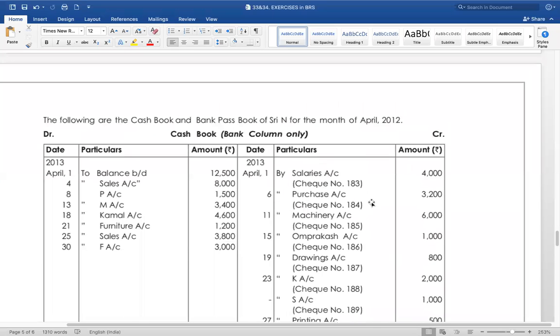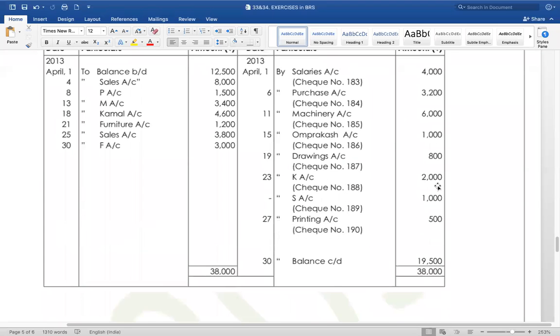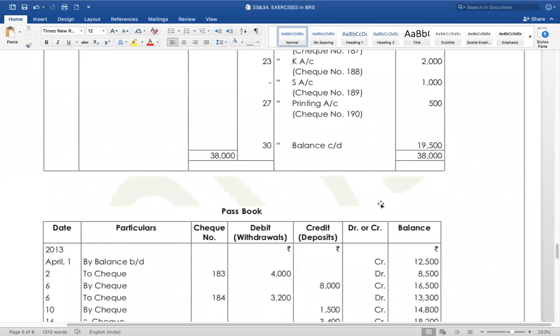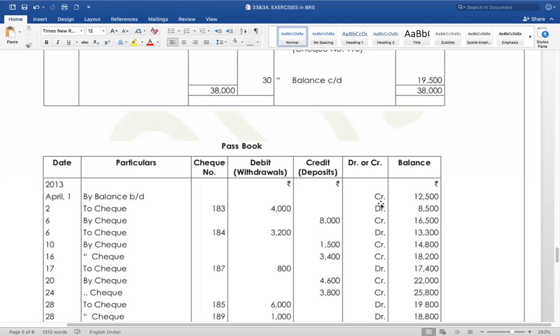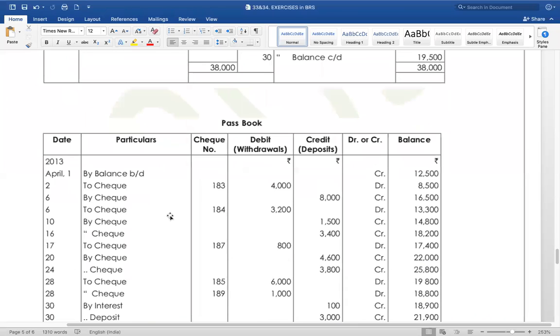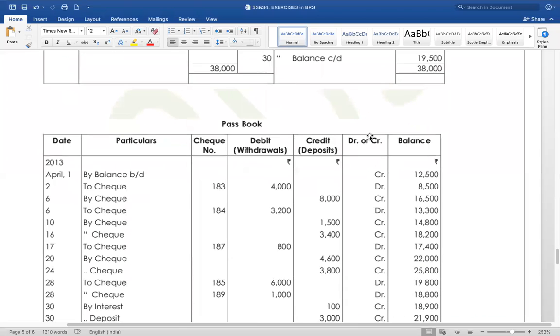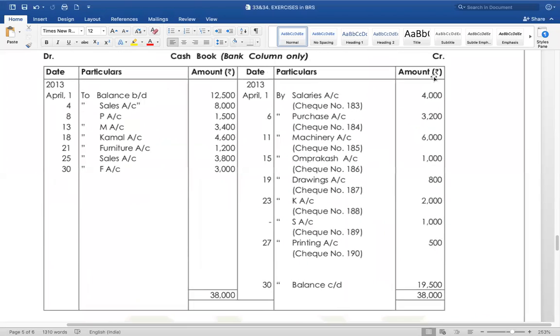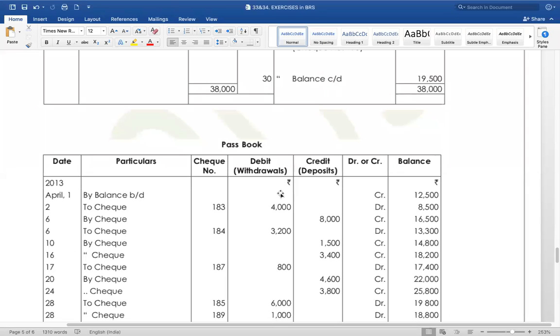Similarly, if you look at salaries, check number 183, 4,000. It is opposite. 4,000 is credit in the cash book, and 4,000 is debit in the passbook. This is the debit column, no?